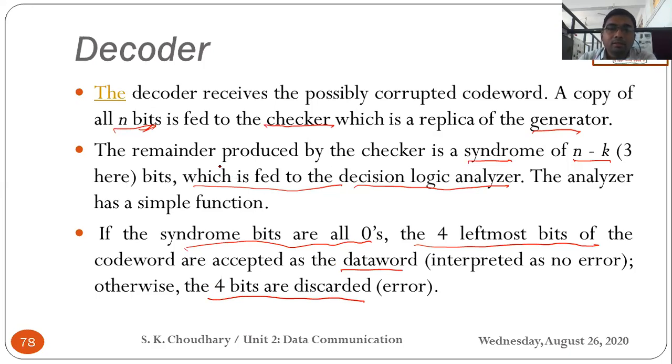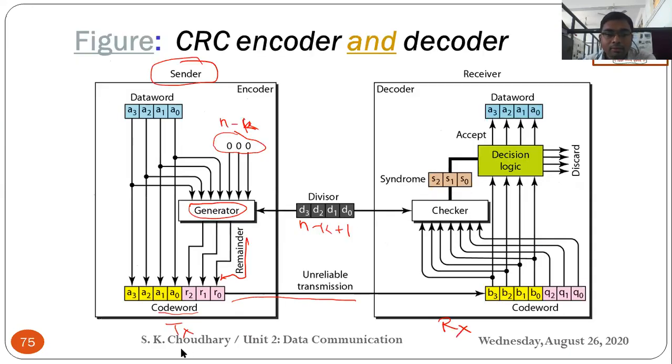Okay, so you can understand this with the help of this diagram. You can see whatever we have seen here. At the receiver end, the 7-bit code word, where the 4 data bits and 3-bit remainder are added, is transmitted through an unreliable transmission.